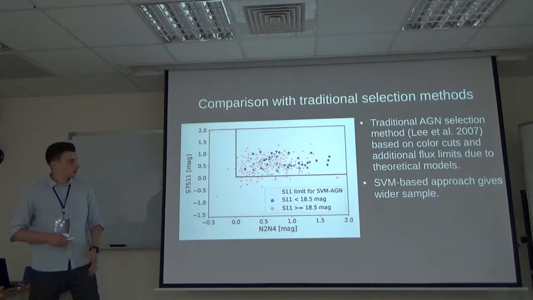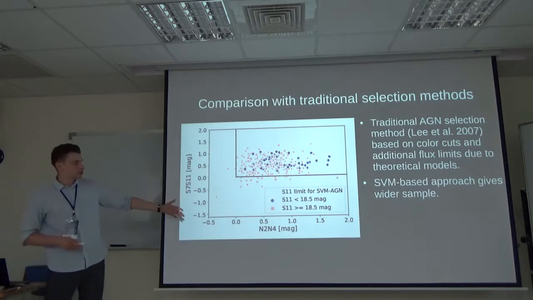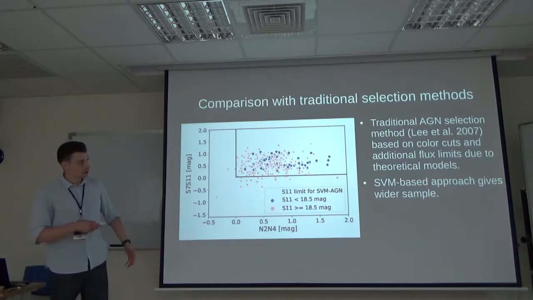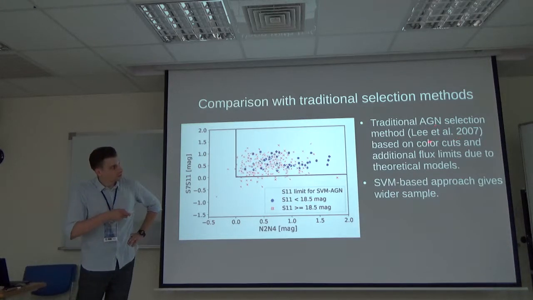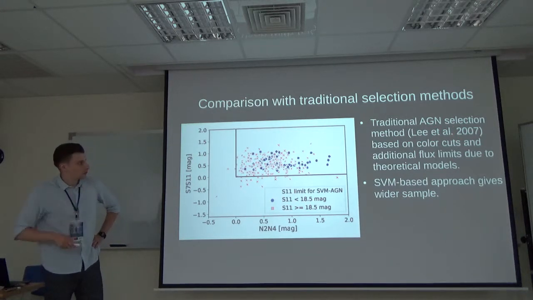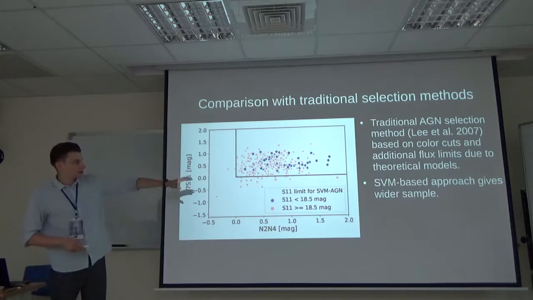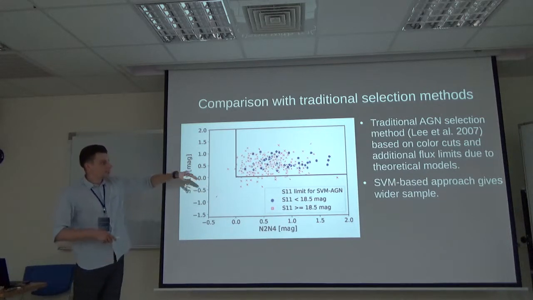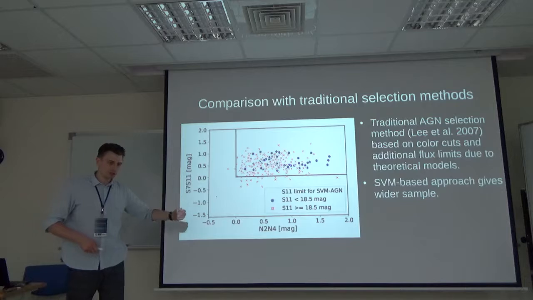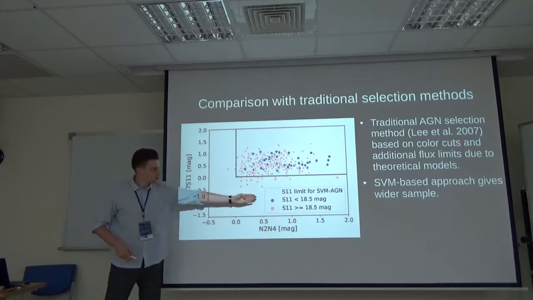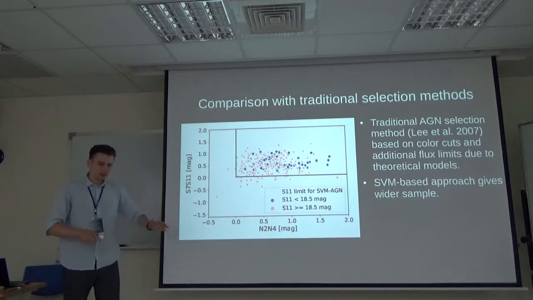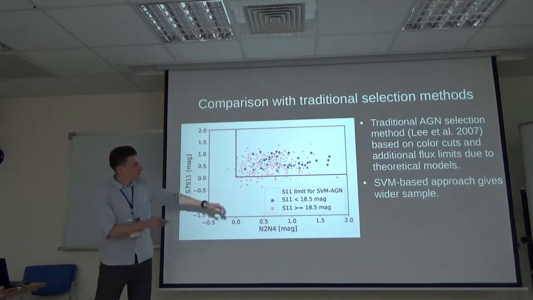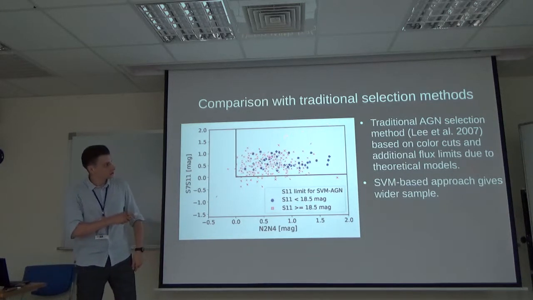Then we compared it to different AGN selection techniques. For example, we compared it to the technique created by Lee and others in 2007. It is based on theoretical models. It assumes that you additionally make some cuts in the 11 micrometers passband, and then your AGNs should fall into this upper right corner.